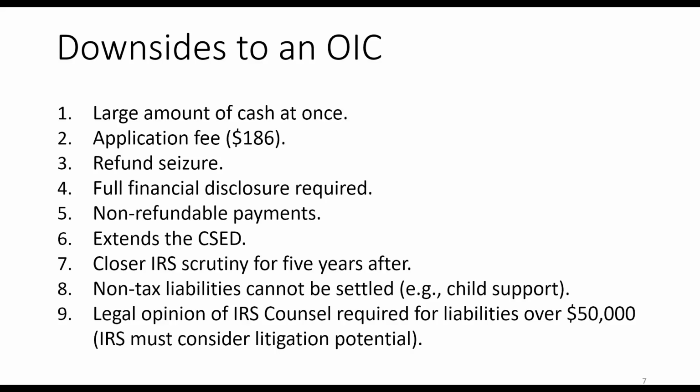And then, as we mentioned to you, there are some drawbacks, and one of the reasons is that the IRS basically is looking, you can't owe any further for the next 5 years. You can't have 1 penny of liability outstanding, otherwise, again, that will deny or terminate your offer in compromise. And then number 8, non-tax liabilities cannot be settled, which means that you have to deal with all tax returns, all issues.